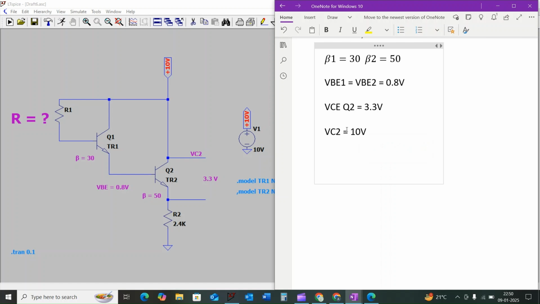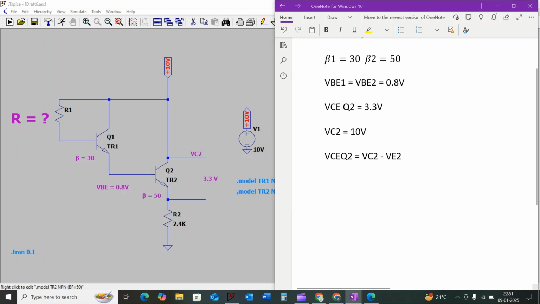Also we know that the collector to emitter voltage of transistor Q2, VCE2, will be equal to VC2 minus the emitter voltage of transistor Q2, which is VE2.